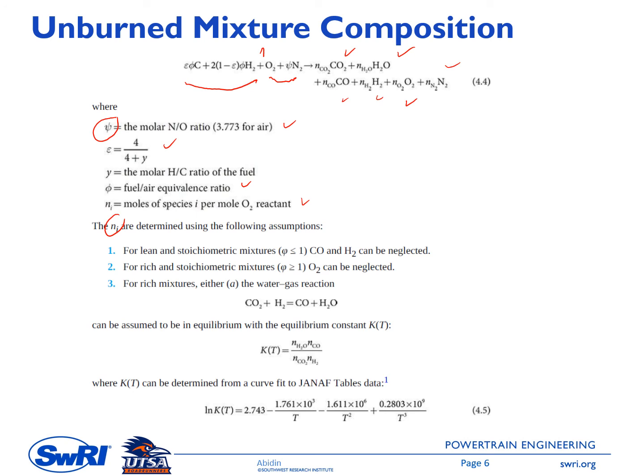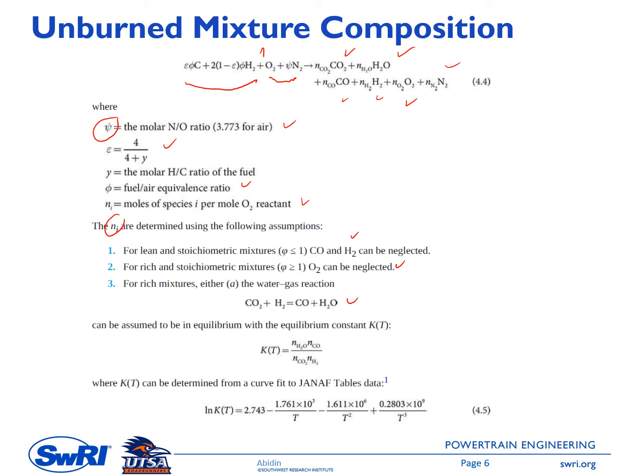For lean and stoichiometric mixture, so it means that phi is less than or equal to 1, we neglect the existence of CO and hydrogen. And then for rich mixture and stoichiometric as well, we neglect oxygen. And then for rich mixture, we also use this reaction, which is called the water-gas reaction. This is the reaction of CO and H2O resulting in CO2 and hydrogen.